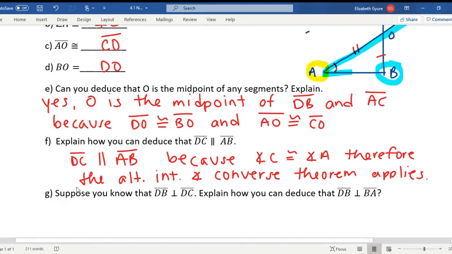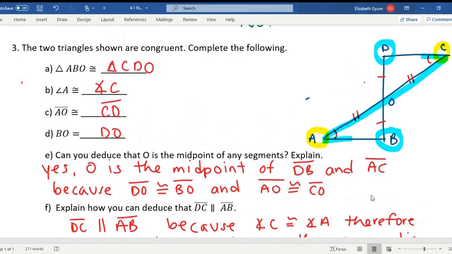And then for part G, suppose you know that segment DB is perpendicular to DC. Explain how you can deduce that DB is perpendicular to segment BA. Well, if segment DB is perpendicular to DC, you're going to have a right angle here. And if these two triangles are congruent, a right angle at D means that B will also be a right angle.